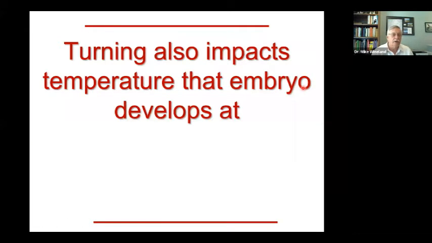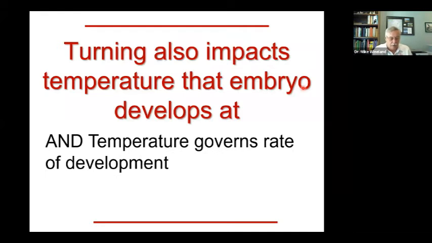Turning also is going to impact the temperature that embryos are developing at, because temperature governs the rate of development. If I have elevated temperatures, my embryo is going to grow faster. If I have suboptimal temperatures, they're going to grow slower.